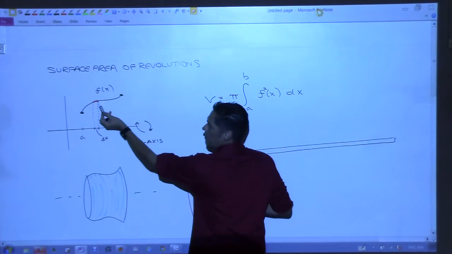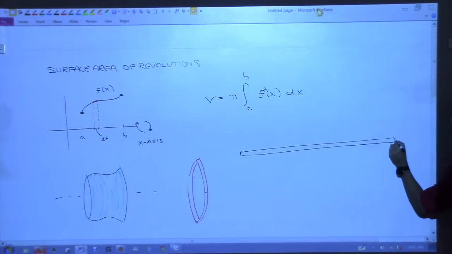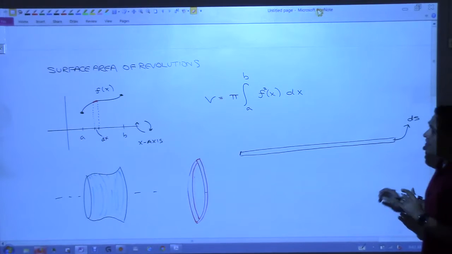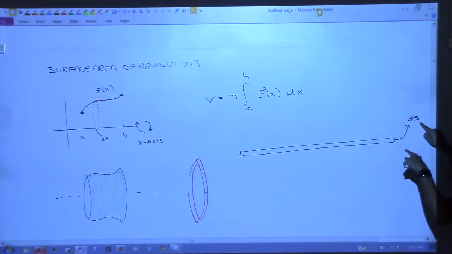It's actually the length of this little curved segment, which is the arc length, which is ds. So this right here is ds. Do y'all see that? So they just notate it differently, just to show that it's not dx though. Remember, ds is the square root of 1 plus the derivative squared, right? That's what that is. Yes.